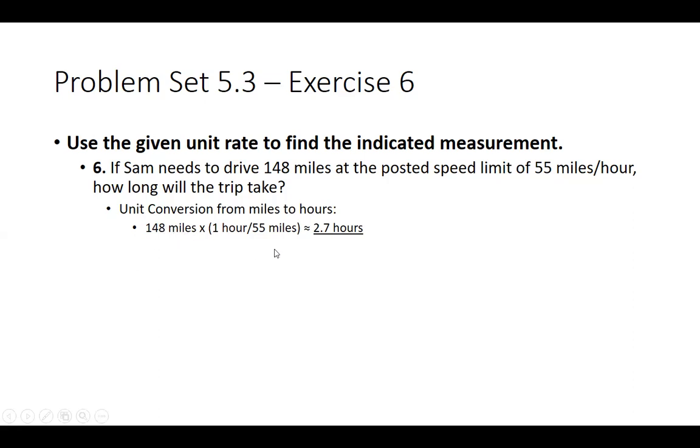To cancel miles, miles needs to be on the bottom. To get it into hours, hours needs to be on top. So we multiply by 1 hour over 55 miles. Miles cancels, leaving us with hours. 148 times 1 divided by 55 gives us approximately 2.7 hours.